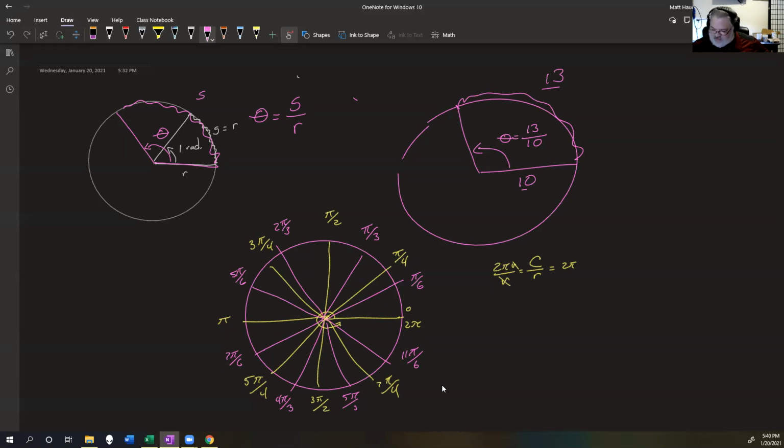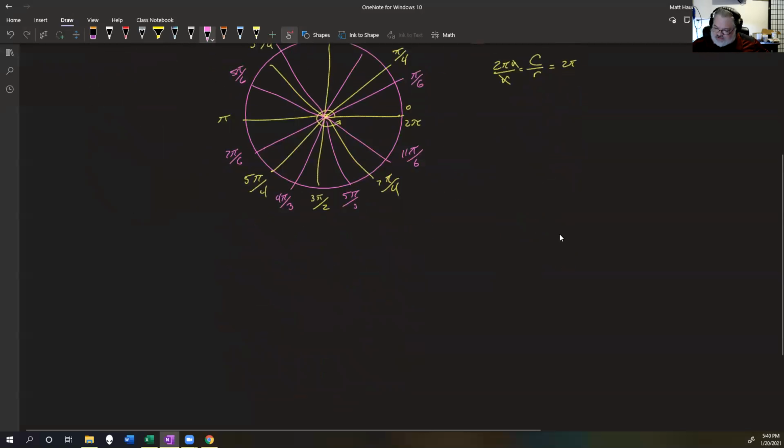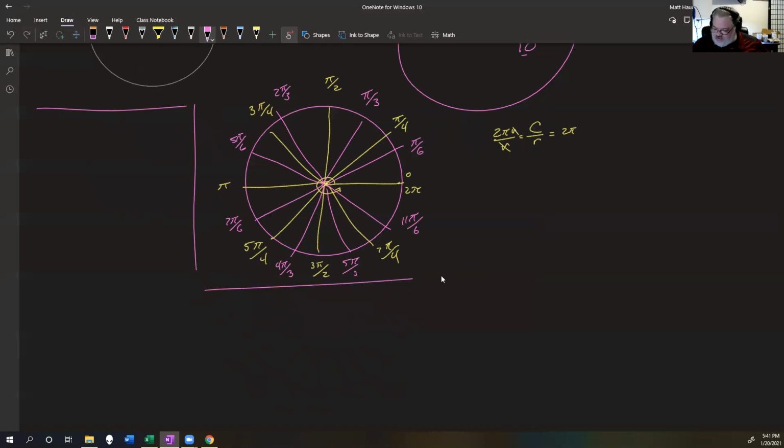Part of that comes in when we start to define our trig functions. So before we talk about those trig functions, was there anything about the definition of our radian measure that you want to ask about or talk about?